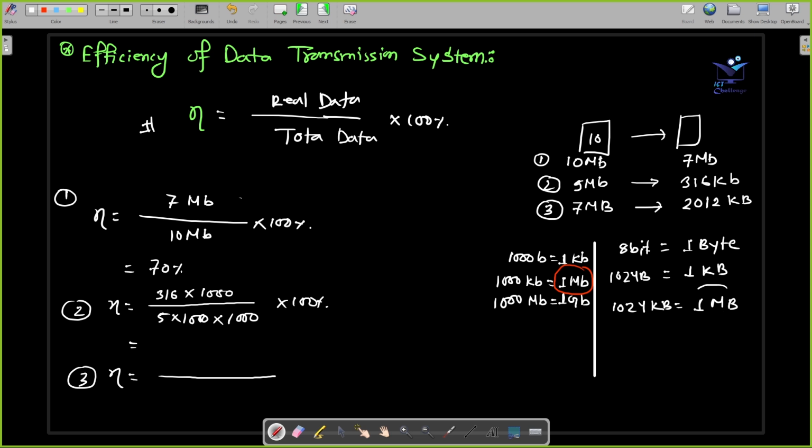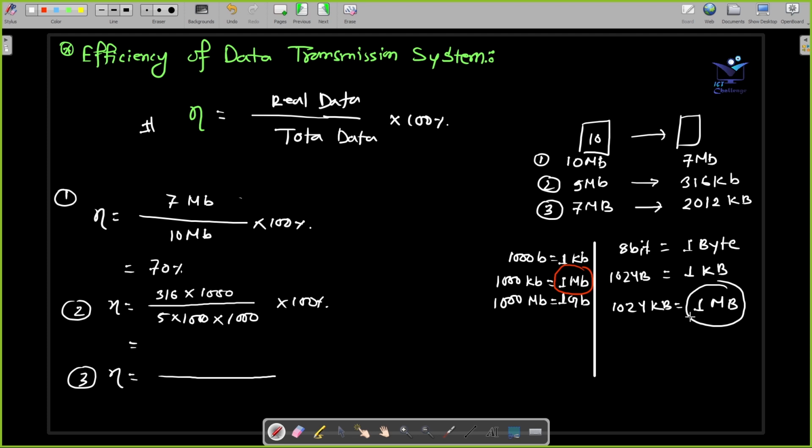We have to go to the bit position because we have different units. You have to make sure of the same unit when you calculate the efficiency. So the 7 MB is our real data, so we have to go to the bit unit.